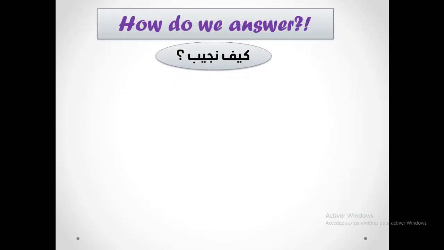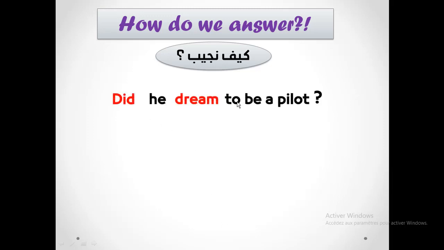Now how do we answer? كيف نجيب? Did he dream to be a pilot? This is what? Yes or no questions. Why? Because it starts with a verb. Now we have two answers. Yes, no. Yes, he did.